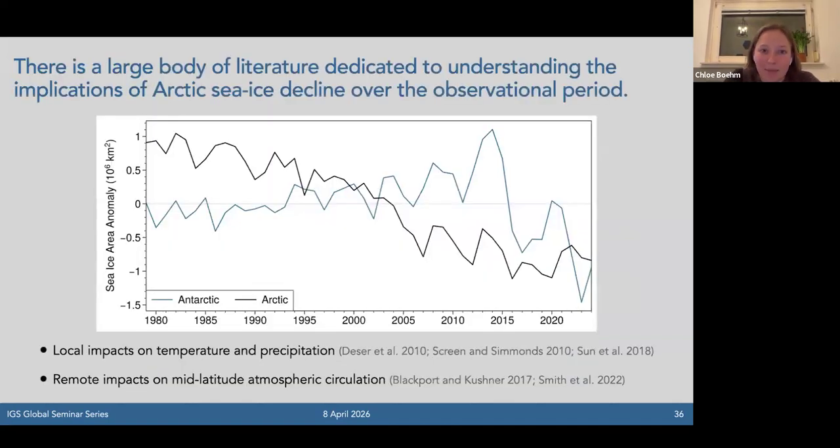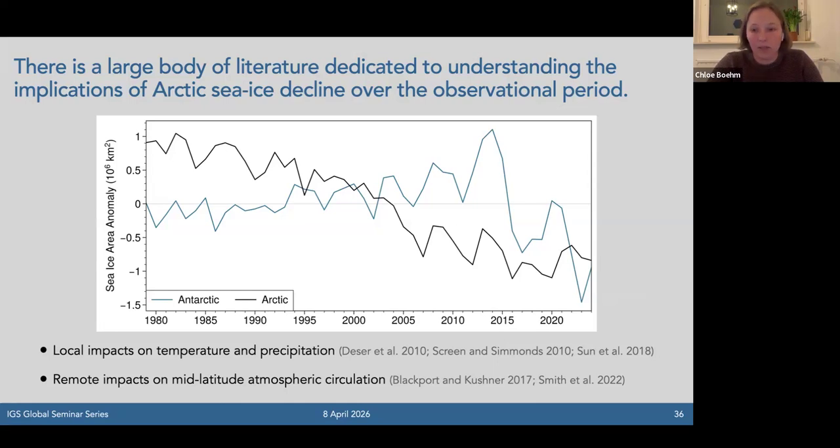I'm going to come back to this time series here, which we've all seen several times, but I think it's always worthwhile to come back and appreciate the differences. You see Arctic sea ice has had this consistent decline across the observational period, whereas Antarctic sea ice, of course, has had quite a different story. There's been a large body of literature dedicated to understanding the implications of Arctic sea ice decline over the observational period.